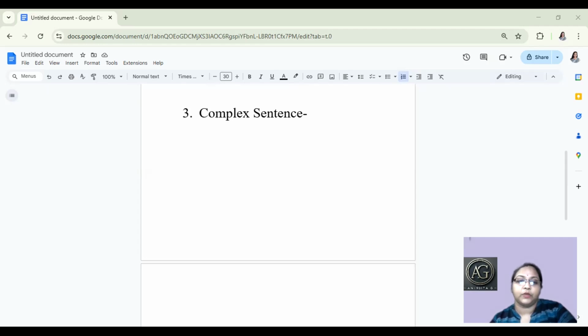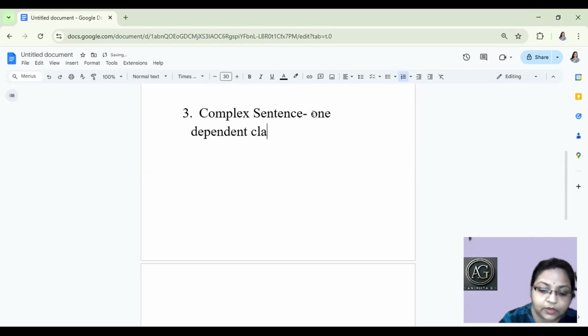I will call you when I reach home. I will call you is independent. When I reach home is dependent. Okay. So let me just put one sentence here for your easy reference. So let me also write down that there will be one dependent clause and one independent clause.